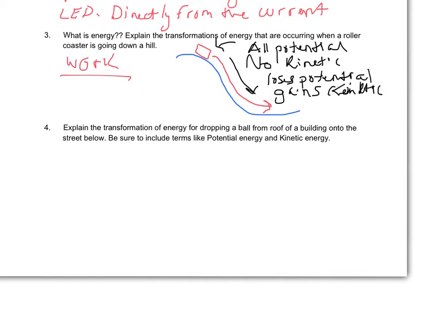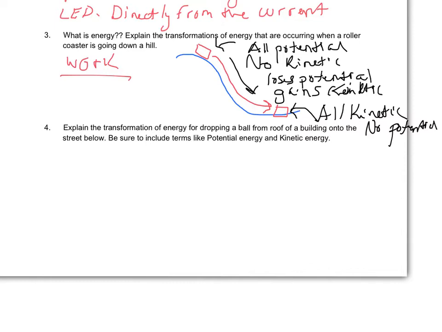At the very bottom, when the cart is at the very bottom, we can say that it has all kinetic, no potential.